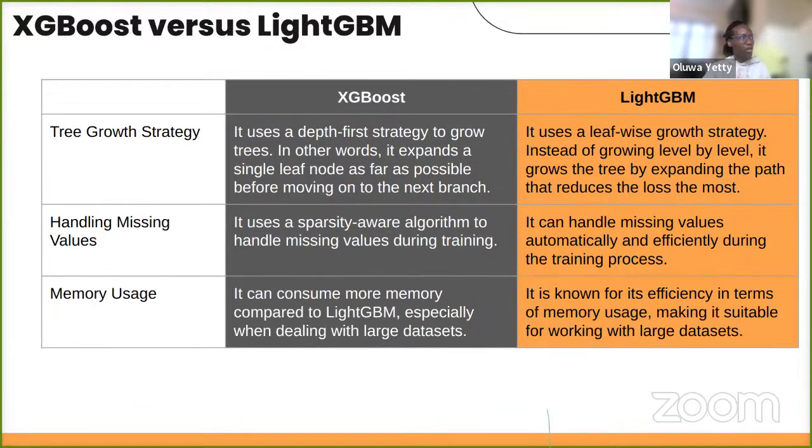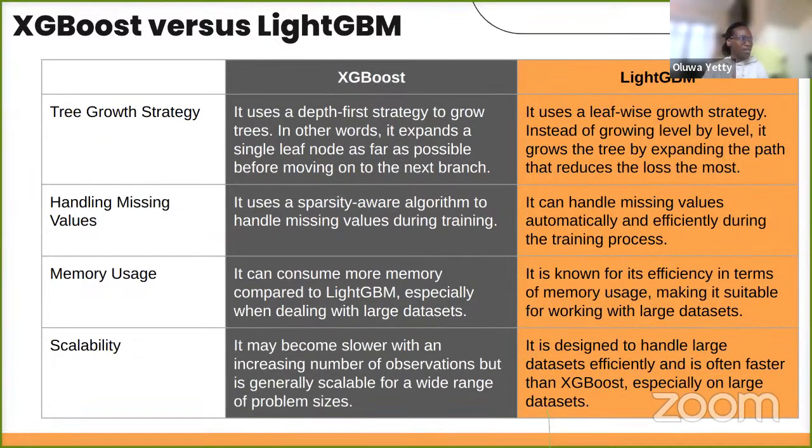Memory usage. If you have a computer with specs that are not that high, XGBoost is not a good choice, sorry. It consumes more memory compared to LightGBM, which has been built to manage memory. So depending on the hardware you're using to train, and if you have a large data set, you want to consider your hardware before you pick.